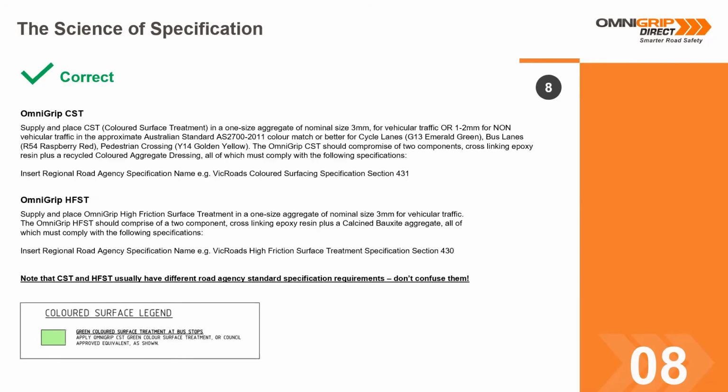So by being specific like this in the specification, you ensure that the right product is used, and that the product you have in mind as a specifier at design stage is the product that actually gets installed on the road by the contractor. So I hope that gives you a bit of an overview of what a good spec looks like, something with a bit more information that can get the job done properly, but at the same time, it's about safety.